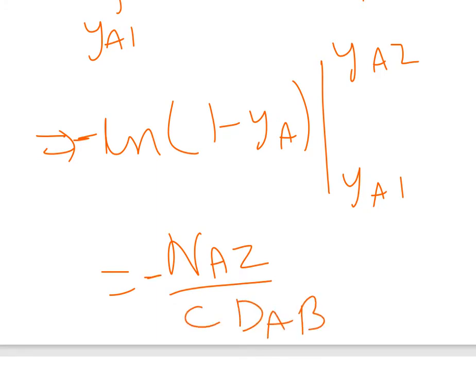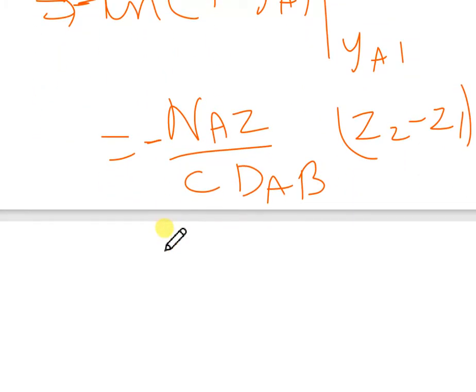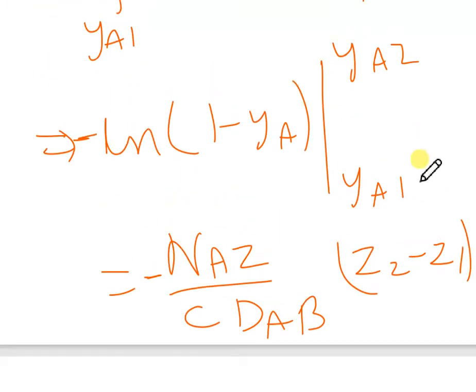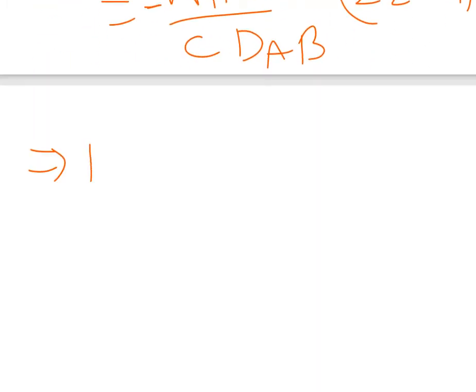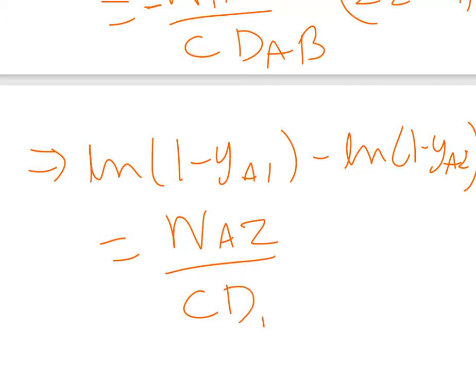Here also we have a minus sign, so that becomes Z2 minus Z1. The minus sign on both sides will go, and then applying the limits, ln(1 minus YA1) minus ln(1 minus YA2) equals NAZ divided by C DAB, times Z2 minus Z1.